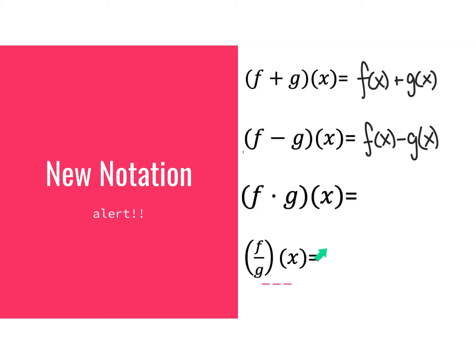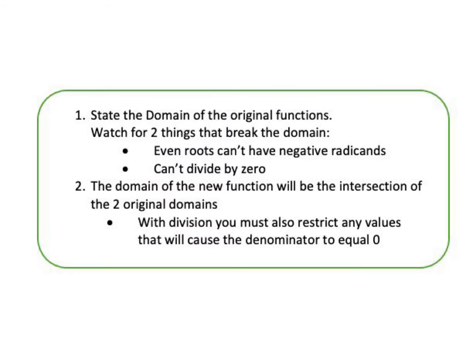This is one where we're going to have to worry a little bit about some restrictions in our domain. All right, so we're going to be stating the domain of our new function because it's something we always consider in math: what can we plug into a function where our values make sense? So you want to make sure, as a general process, to state the domain of your original functions. Think about the two. And when you do that, always remember that even roots can't have a negative radicand.